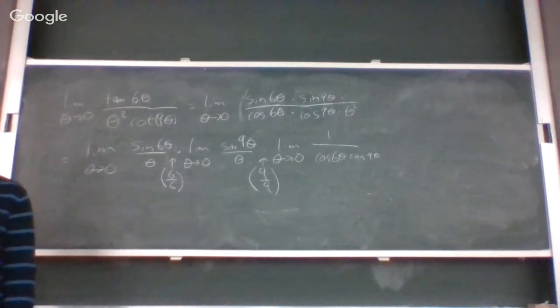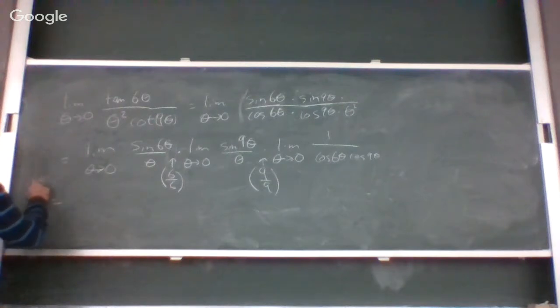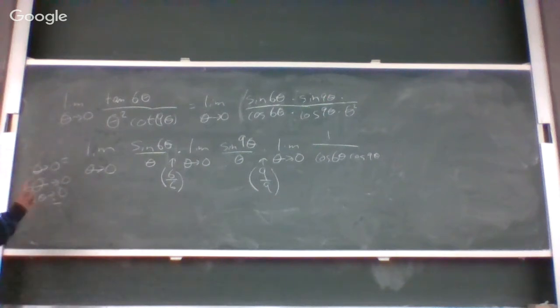Okay? You guys see that? Then we need to say as theta approaches 0, 6 theta approaches 0, and 9 theta approaches 0. You need that.